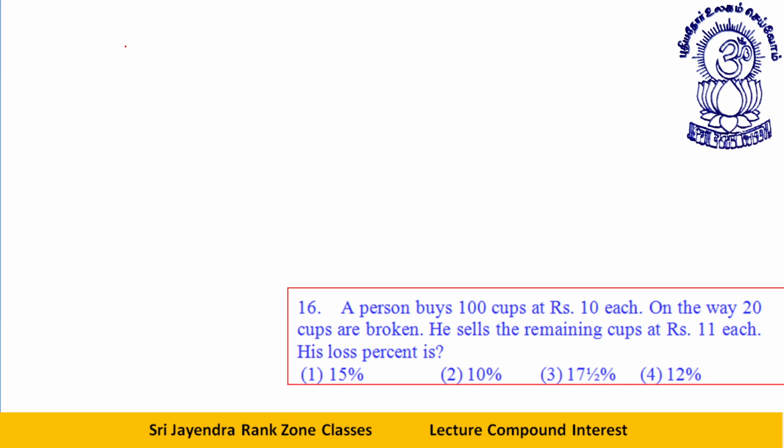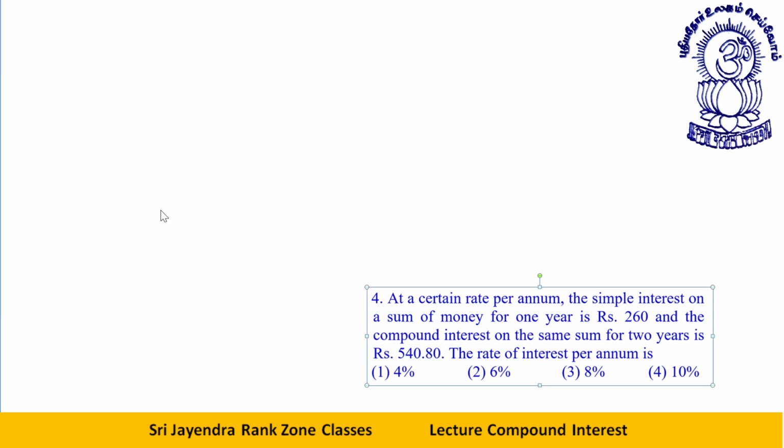See, let's change this question. Let's start from here. Okay. This is a good question. At a certain rate per annum, the SI on a sum of money for 1 year is rupees 260. SI for 2 years is what?